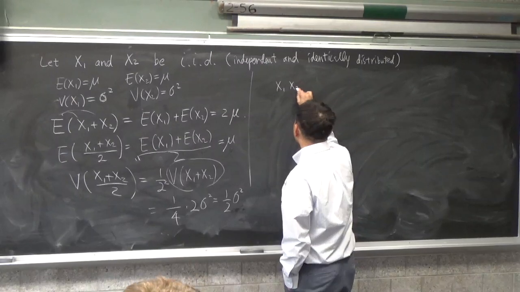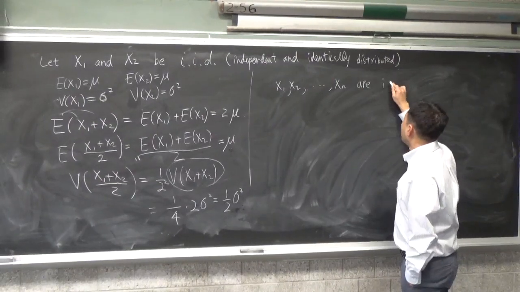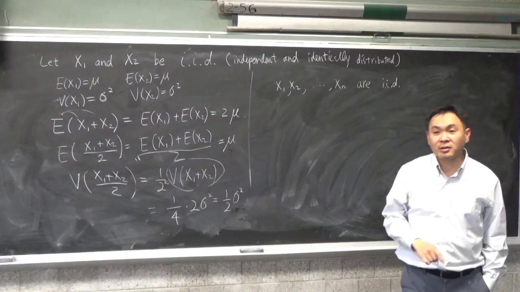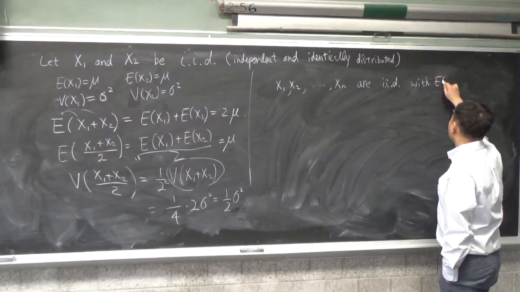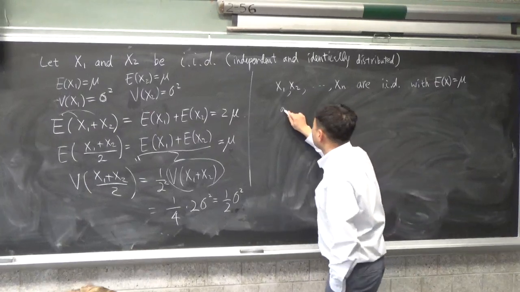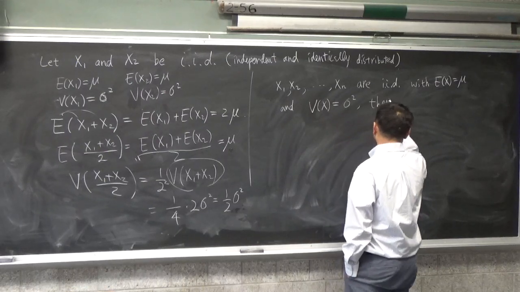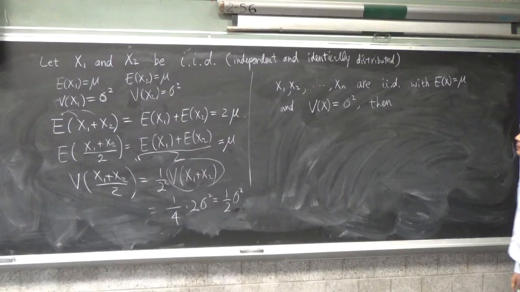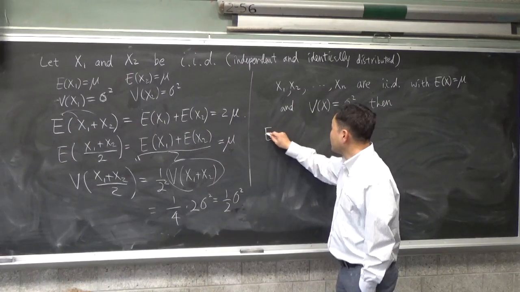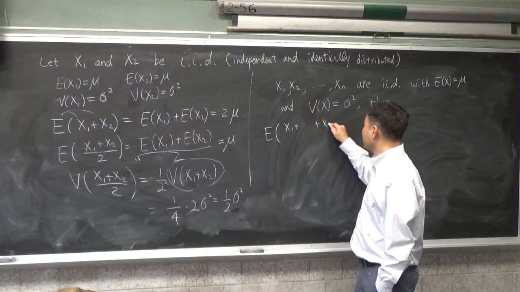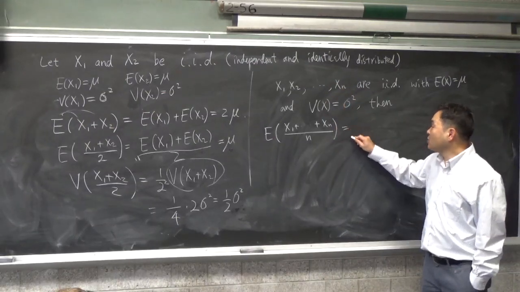If x1, x2, all the way up to xn are IID, independent and identically distributed, with expectation value mu and V of x as sigma squared, then E of (x1 plus ... plus xn) divided by n: if you take the averages of all these random variables, you get the same exact mean.